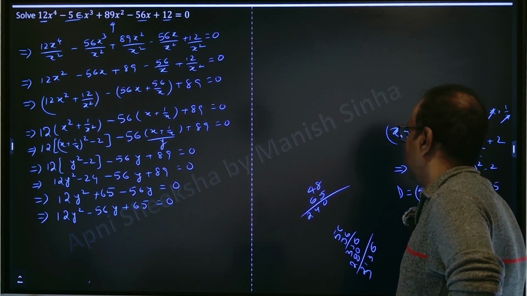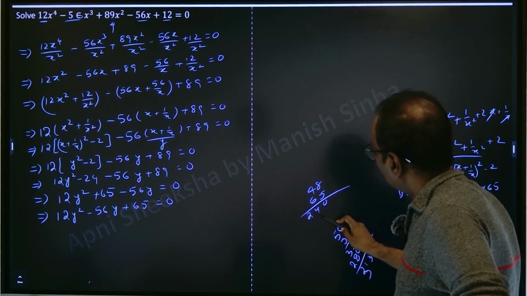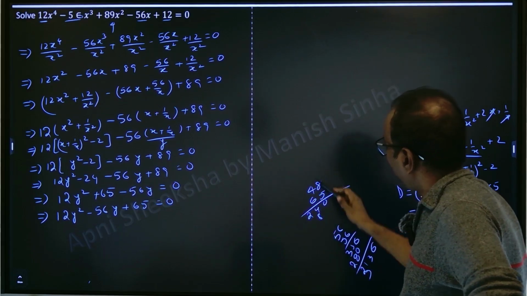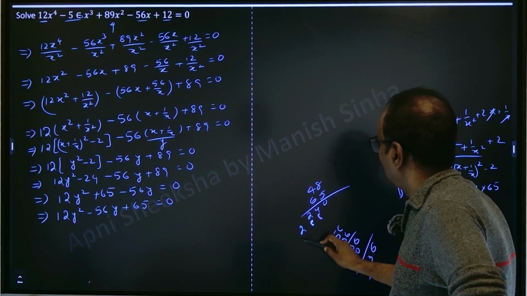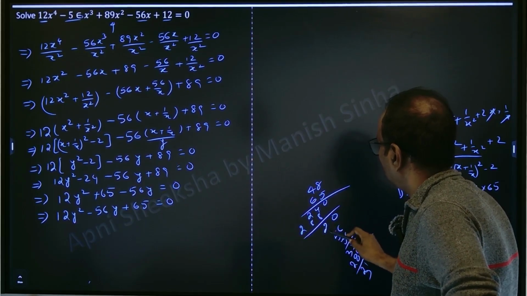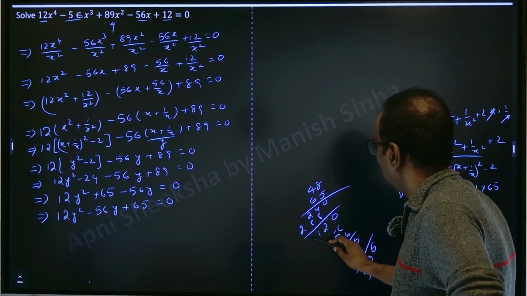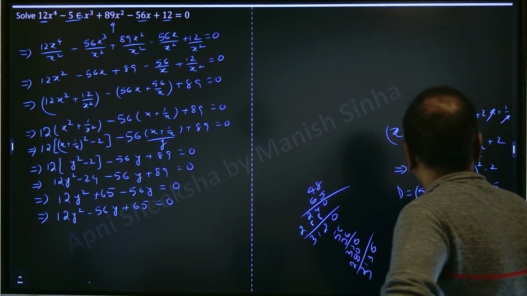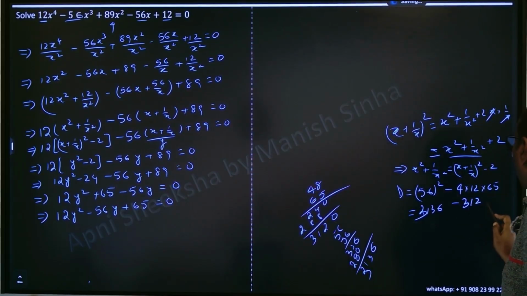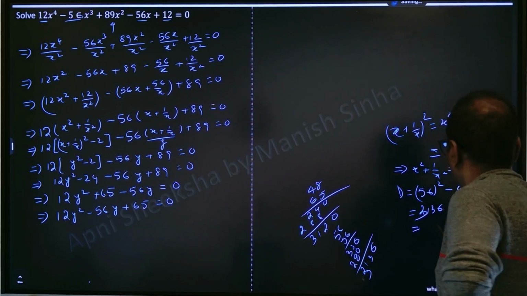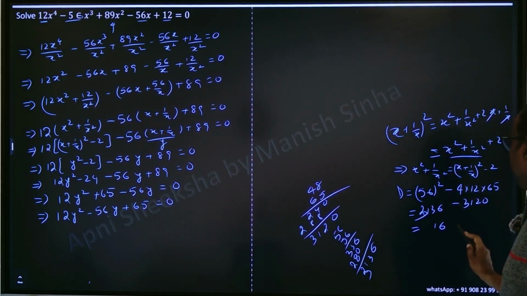That gives 3120. So the discriminant is 16, that is 4 square.